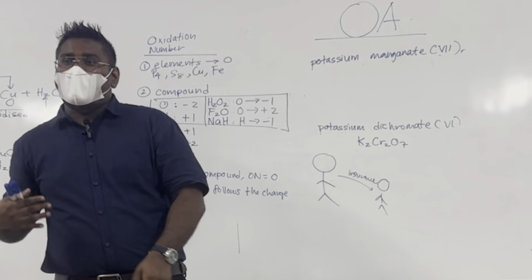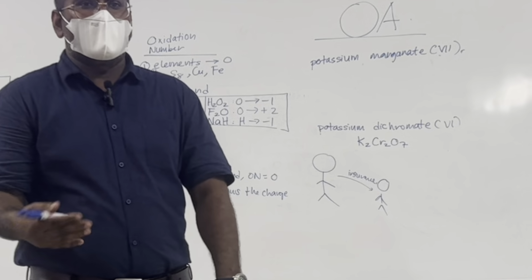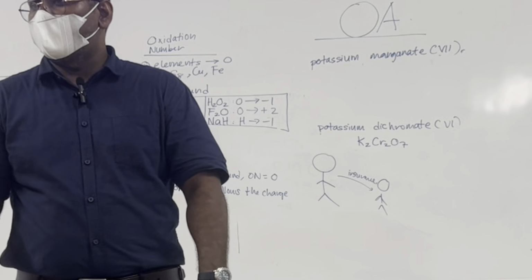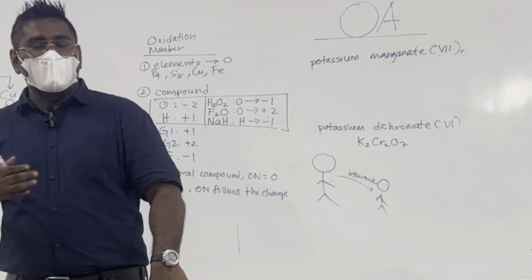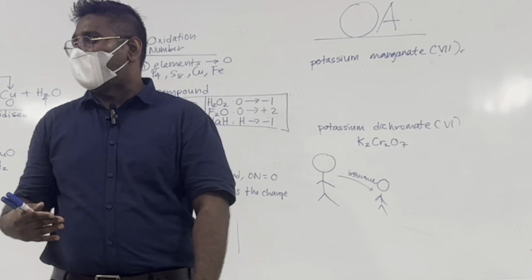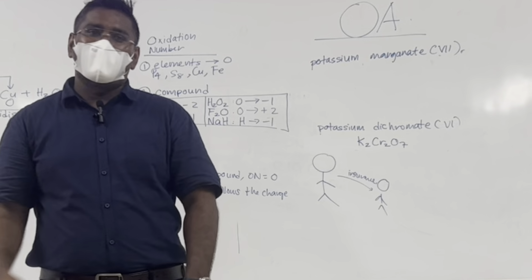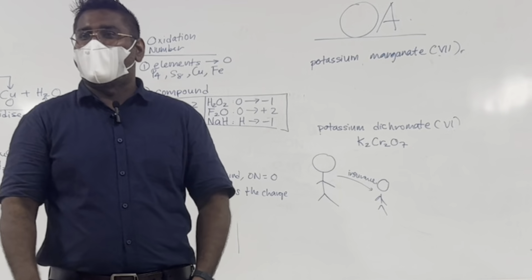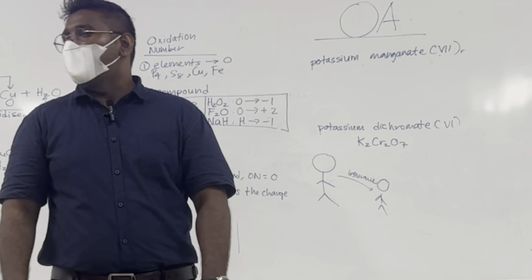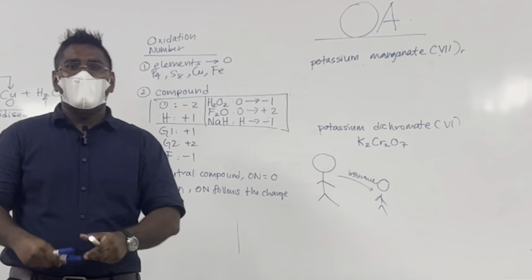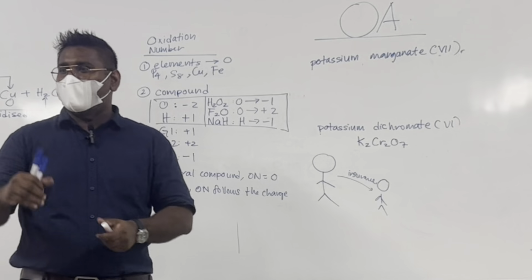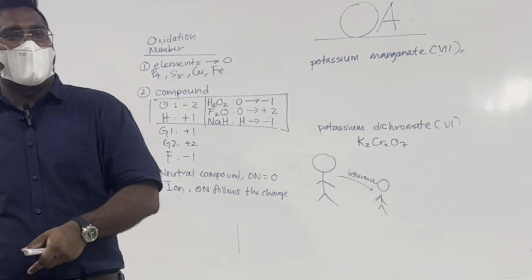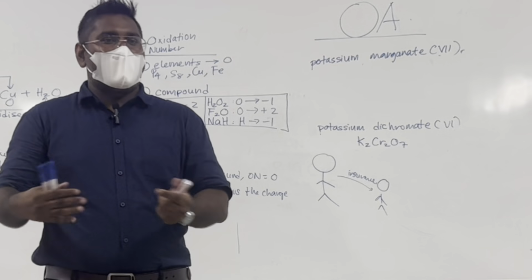If an insurance agent is successful selling insurance to many people, he might have a big car, a fancy lifestyle, something like that. But in chemistry, when the oxidizing agent is successful in oxidizing others, they will not have big cars.